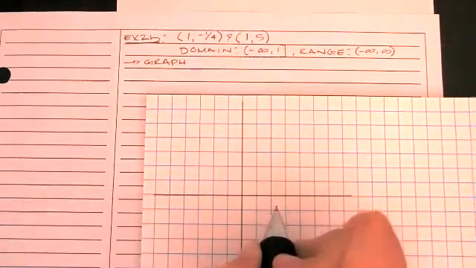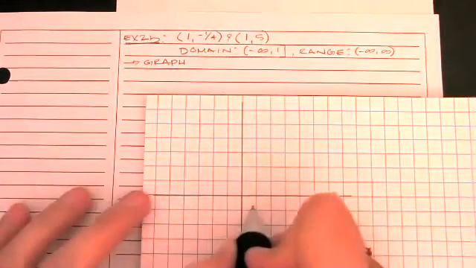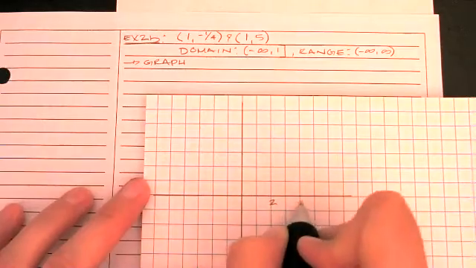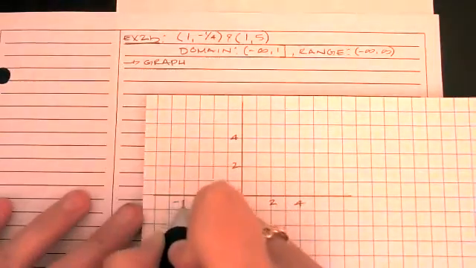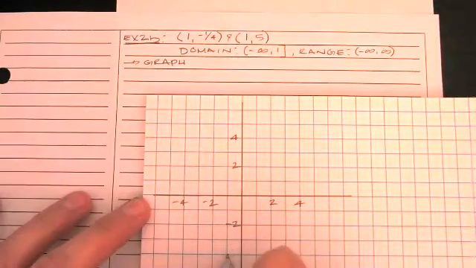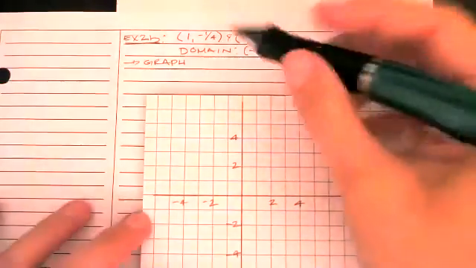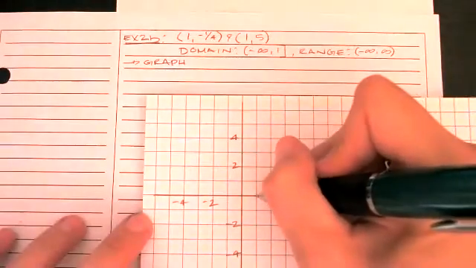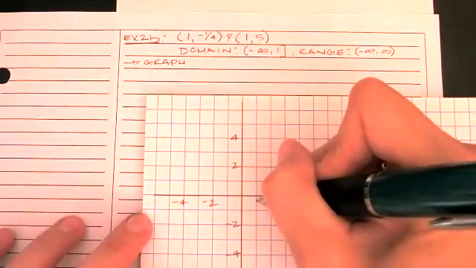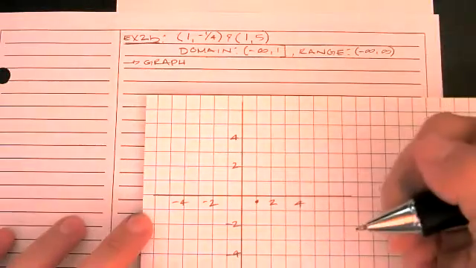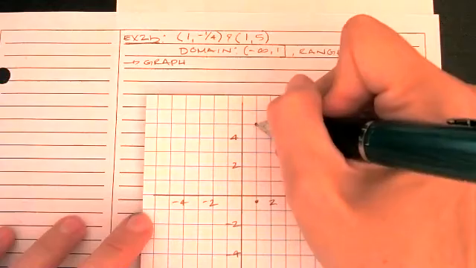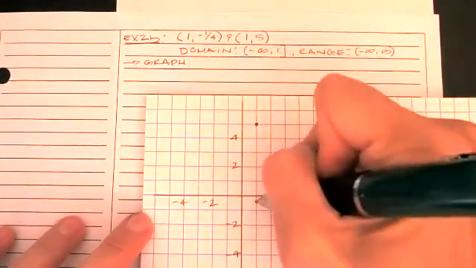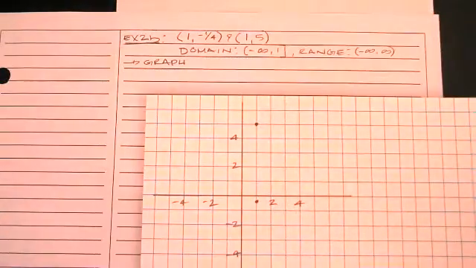Am I just going by 1 again? Yeah, why not? So we'll say 2, 4, 2, 4, negative 2, negative 4, negative 2, negative 4. Okay, so we've got a point at 1, negative 1/4, so right around here. And we also have a point at 1, 5. So that feels like a vertical line to me.